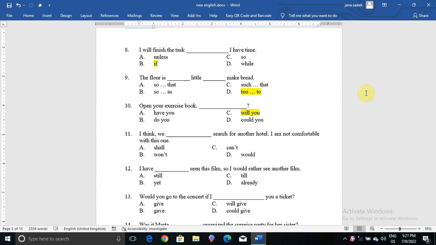First of all, I think we shall, of course shall, because he wants to change the hotel. Why? Because he is not comfortable with this one. So I think we shall search for another hotel. I'm not comfortable with this one. Because he is not comfortable with this hotel, they shall search for another hotel. So the correct answer for question number 11 is A.